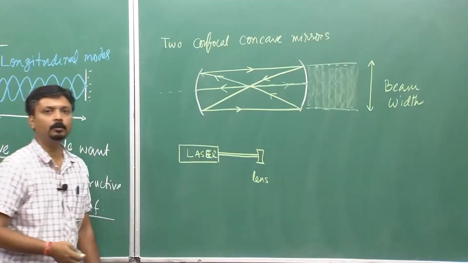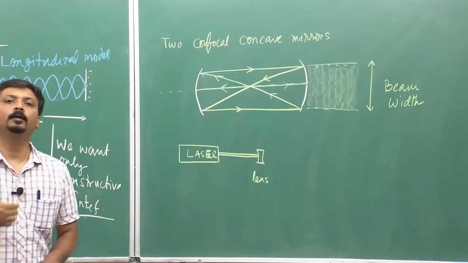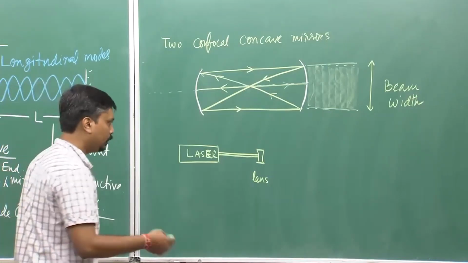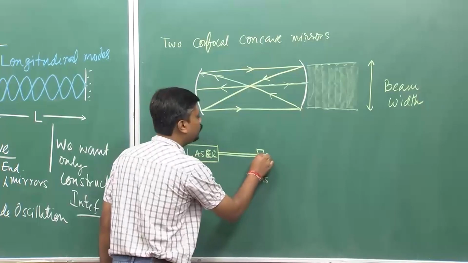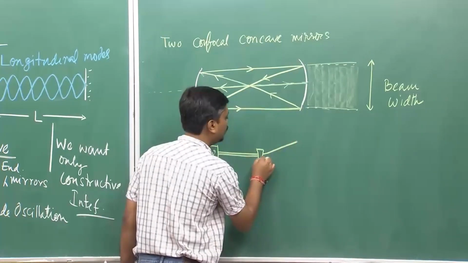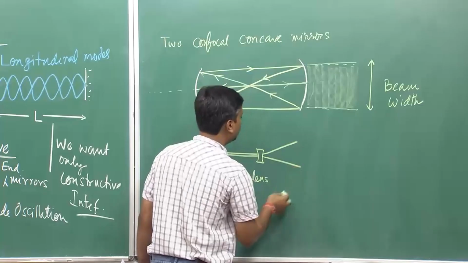What kind of lens I will use to diverge the beam? I will use a biconcave lens. So, this will expand the beam, right? This will diverge.